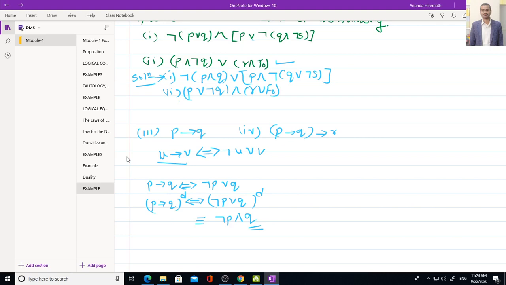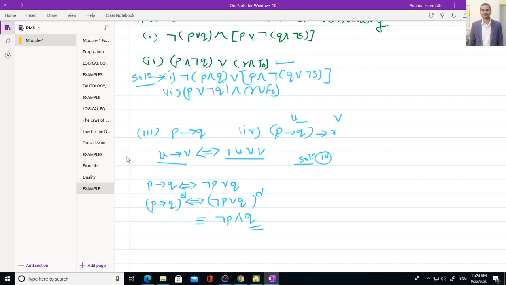Well, now let us solve the fourth example, where we have two conditionals. First, let us try to solve this first one. This is of the form U conditional V. Now using this form, not U or V, I am solving solution number 4, don't get confused.